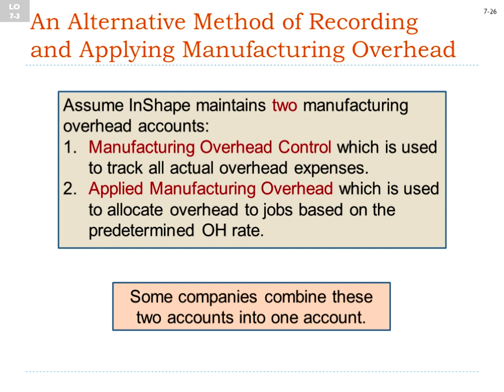So at the end of the period, they're going to ultimately combine the two accounts, reconcile the two, but for tracking purposes, some companies will maintain these two separate overhead accounts to keep from mixing the estimated overhead and the actual overhead.